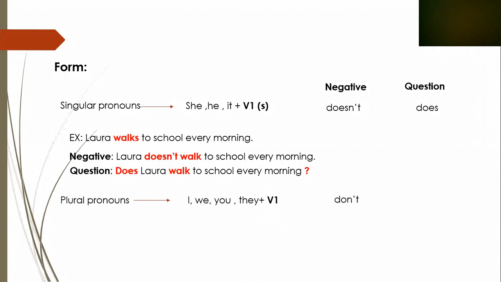Do. Let's see this example together. The students do their homework daily. The students is the subject, and you can notice that it is a plural noun. The verb is verb 1: do their homework daily. We do not add S.